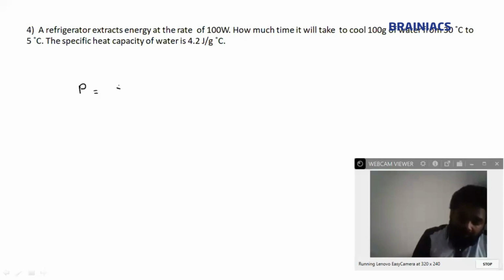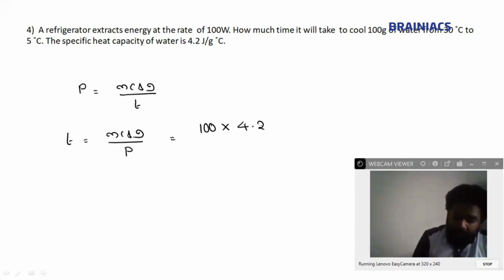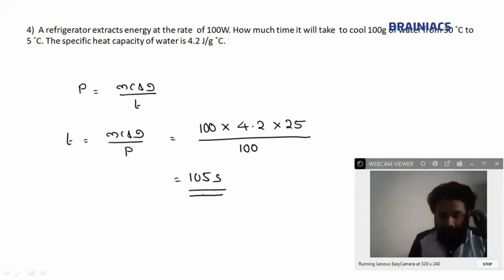So P is equal to mc delta theta divided by T, so T is equal to mc delta theta divided by P. Mass is 100, specific heat capacity is 4.2 joule per gram degree centigrade, into delta theta is 25, divided by the power, which is 100. So we will be getting 105 seconds. Clear?